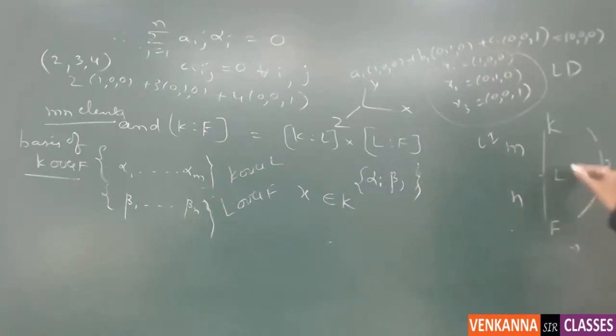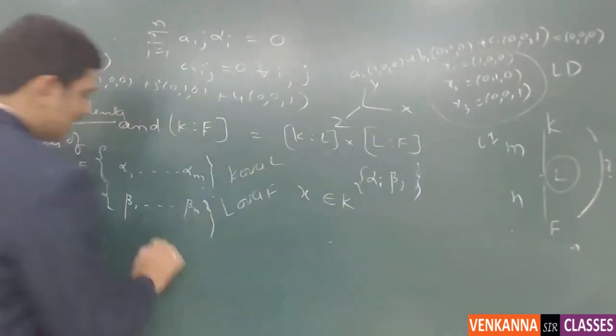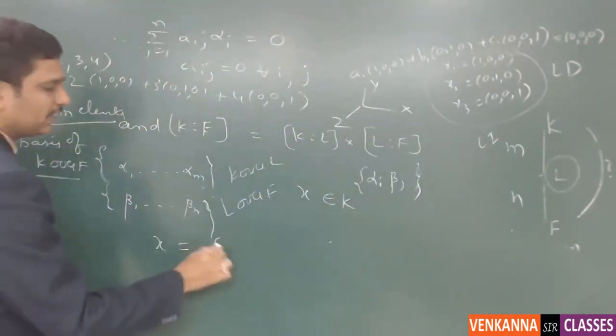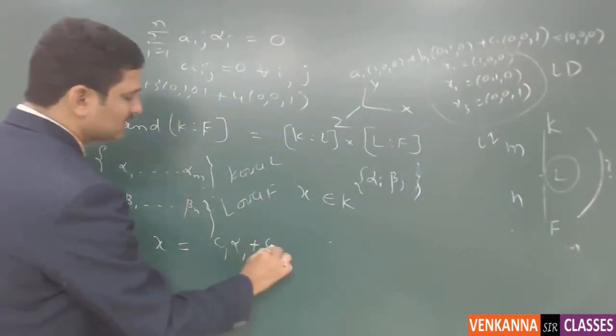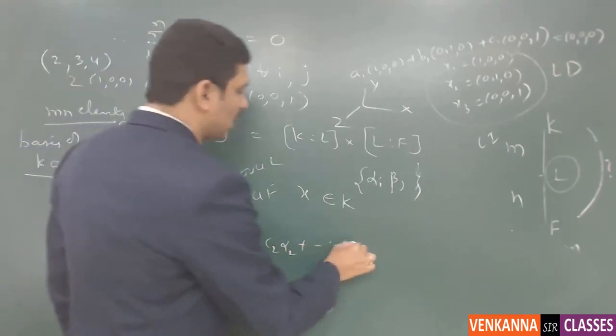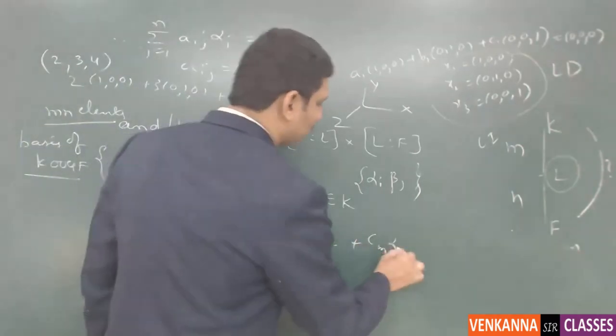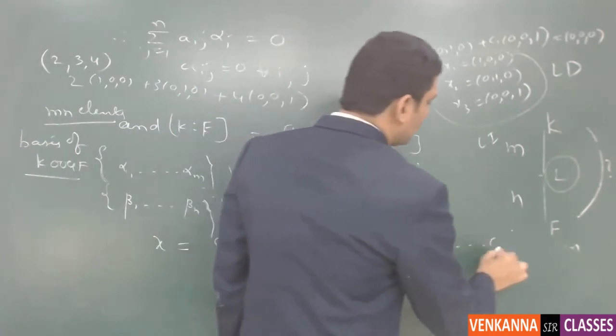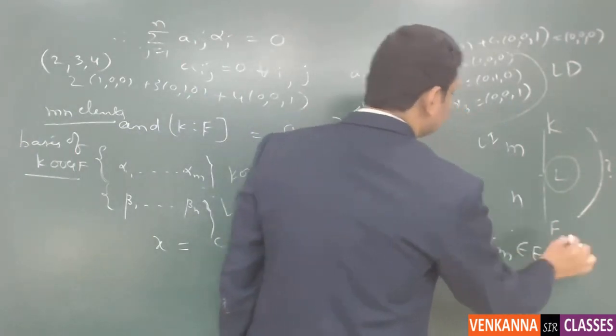And what is the field here? The field is L. So you can write X equal to the linear combination C1 alpha 1 plus C2 alpha 2 plus so on plus Cm alpha m, where the scalars are taken in the field L.